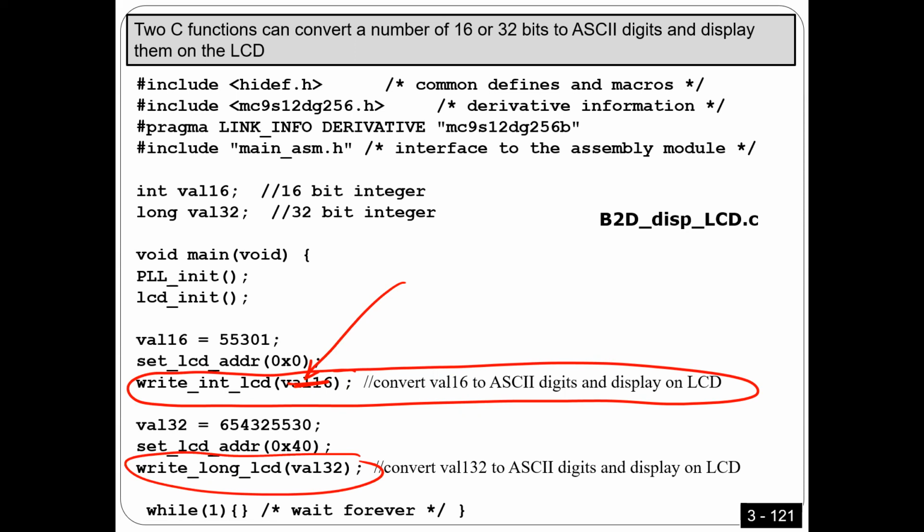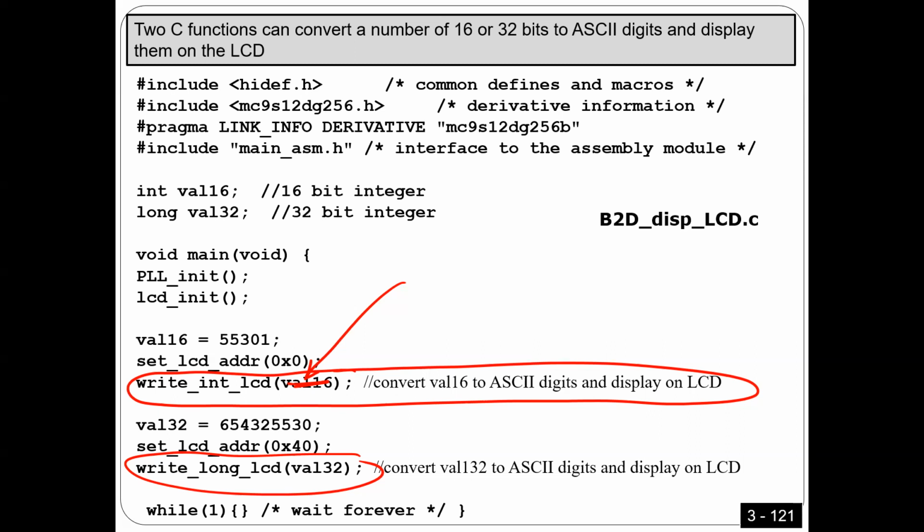Number 2, it's gonna convert the number to ASCII. Number 3, it's gonna display them on the LCD. You got what I'm saying? So everything in one function. As long as you understand how it works, that's okay. I don't want to make programming difficult, but you need to understand just in case you want to modify something, right?